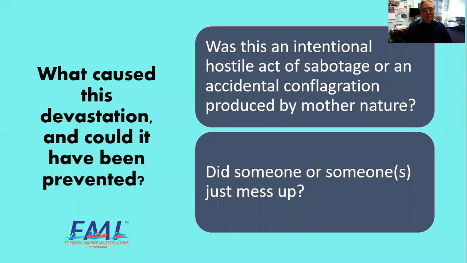So it's always obviously the elephant in the room: what caused this devastation and why, did it happen, and could it have been prevented? There were a number of inquiries into whether this was an intentional hostile act of sabotage, or an accidental conflagration, or was it just an act of Mother Nature?